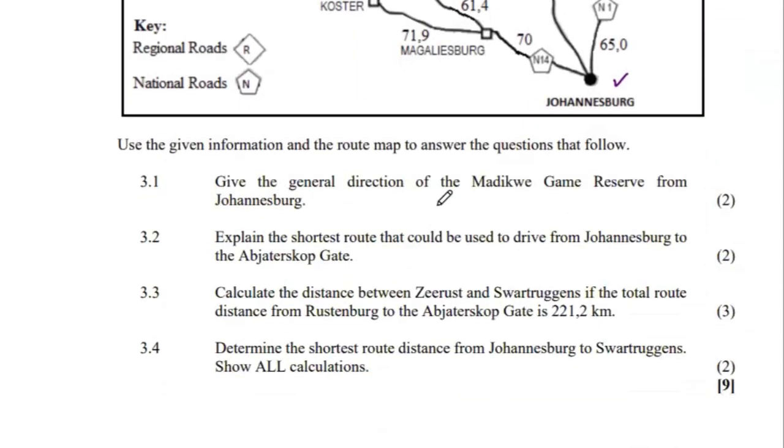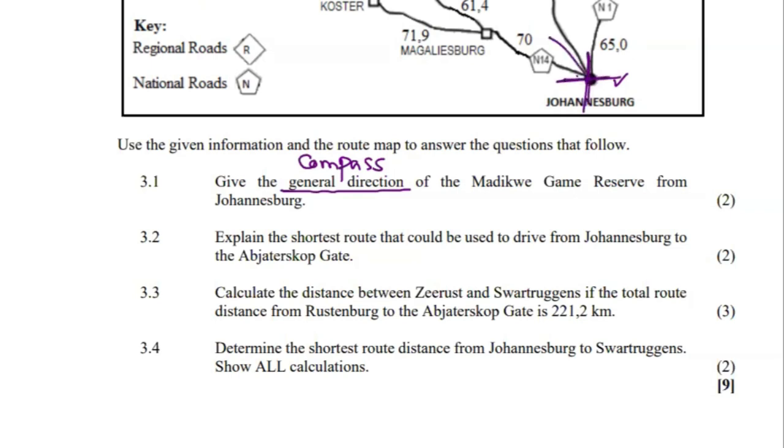3.1. Give the general direction. The moment you hear general direction, we look for what we call the compass. So now the compass is the one that has the cardinal directions. So they're asking the general direction of Mandikwe from Johannesburg, meaning you're in Johannesburg and you're heading to Mandikwe.